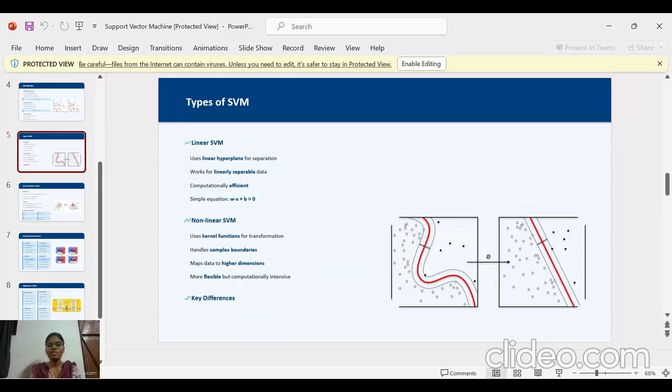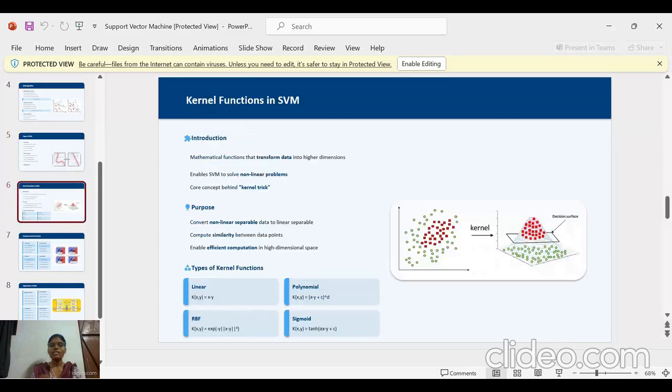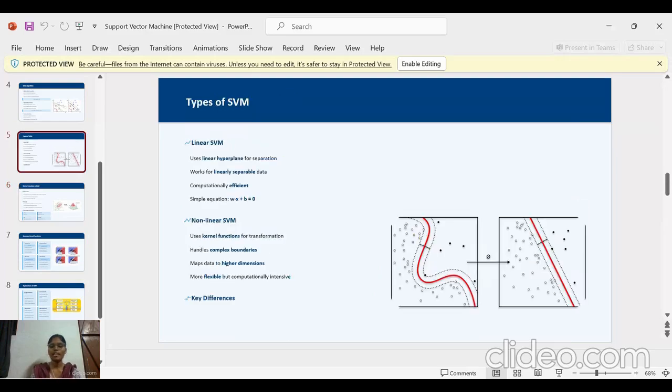Its advantages are that it is very simple, works fast, is easy to implement, and works well when data is clean and clearly separable. For linear SVM, an example is classifying emails as spam or not spam based on simple features.